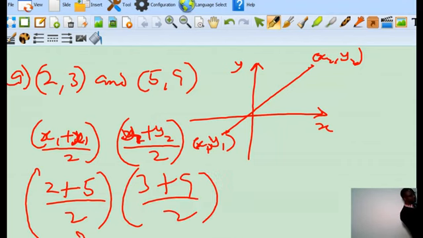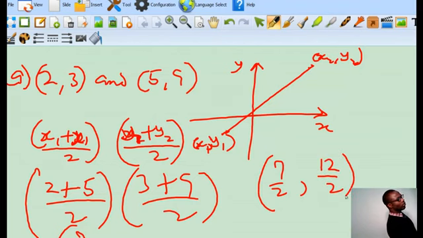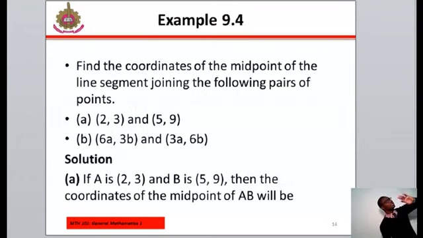This is 7 over 2, and this is 12 over 2. Now you have 3.5 comma 6. That is 7 over 2, 6, which is also 3.5, 6. That is the midpoint of the line segment joining the 2 points.